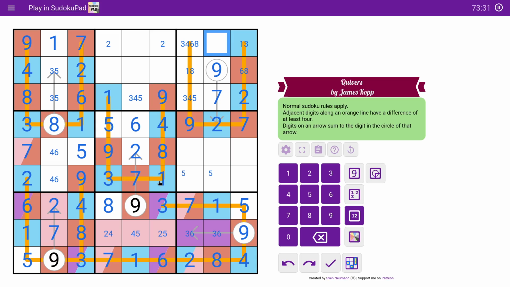Yeah, it's just 2 different ways to do it. What about this row? 1 and 3 are in this row, and then either 4 or 6. 5 is in this row, either 4 or 6 is in this row, and what's the digit I'm missing? 8 is in this row.